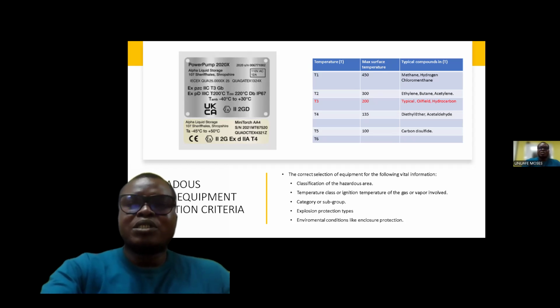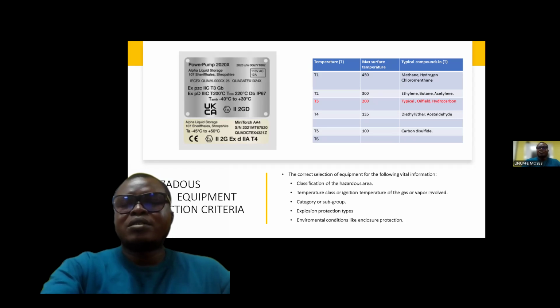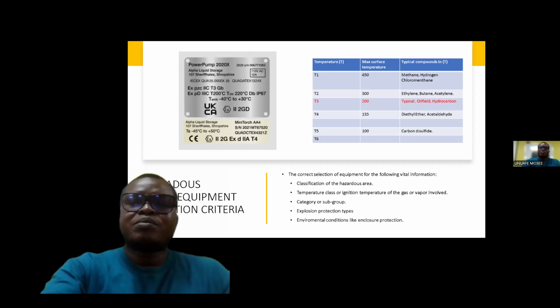Another example is that if you were dealing with a product like carbon disulfide, which has an ignition temperature of like 95 degrees, you need T6 rated equipment, which the maximum rate is what? 85 degrees, and which stays safely without what?